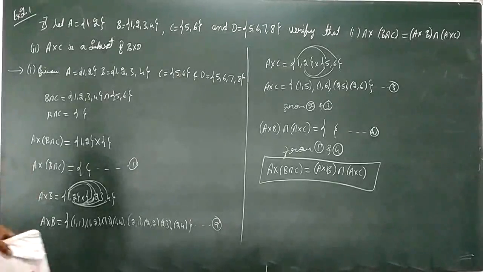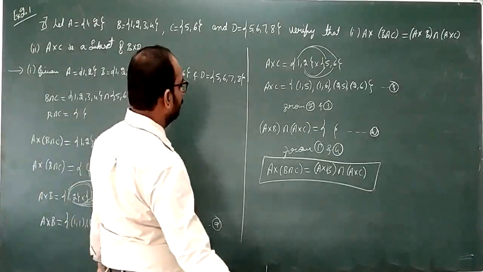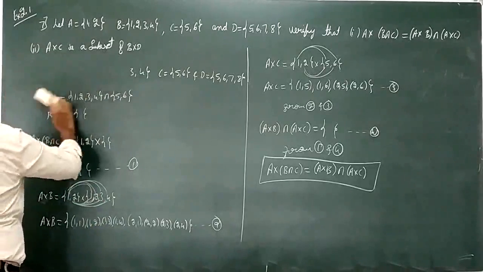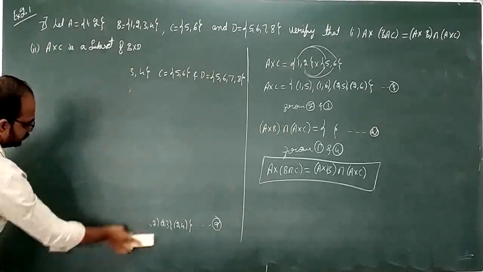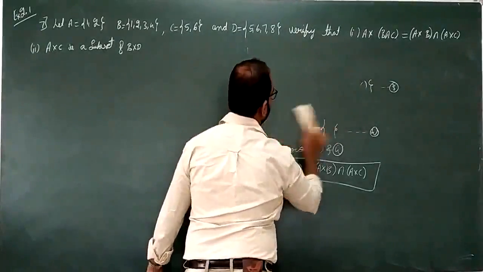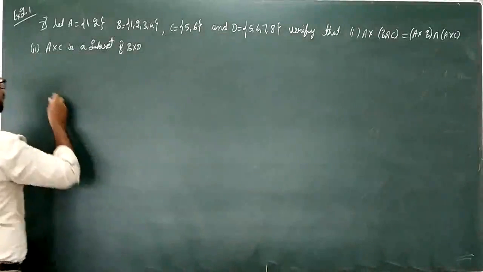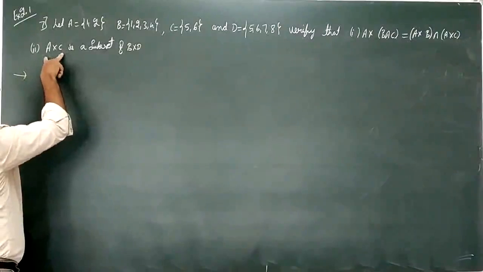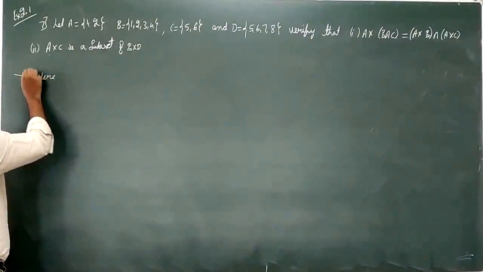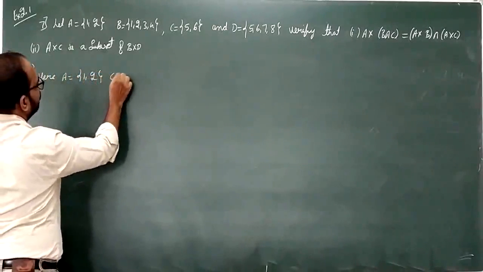Next one. Second sub question: prove that the Cartesian product of A and C is a subset of the Cartesian product of B and C. Here, the solution for the second sub question: set A is equal to 1 2 and set C is equal to 5 6.